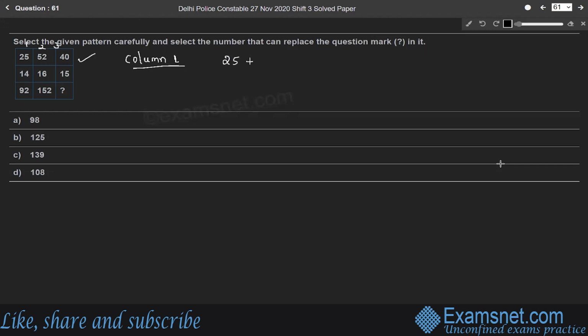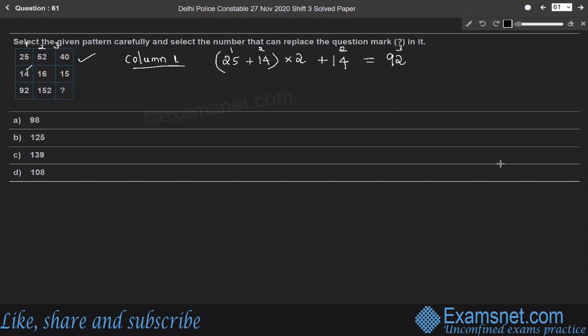So 25 plus 14, into 2. 25 plus 14 is 39, into 2 is 78, plus the second number, which is 14. 78 plus 14 is equal to 92, the third number, right? Here 14 is the second number, 25 is the first number.